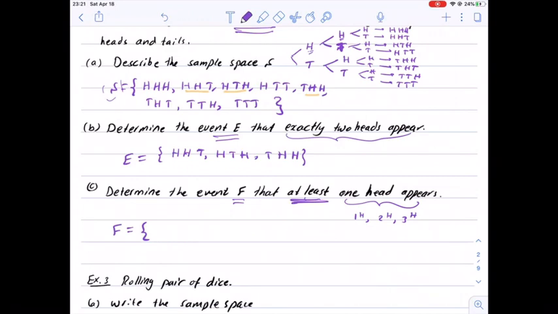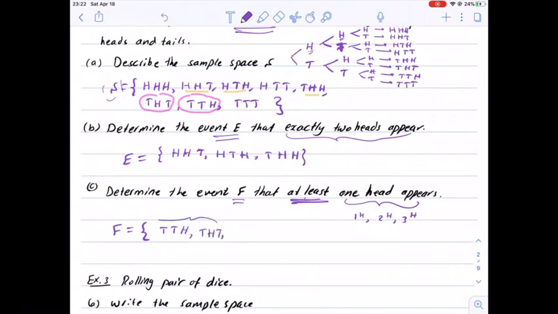1 head, so that means we have tail, tail, head. We use a different color here. 1 head here, 1 head here. So those 2 outcomes give us 1 head.